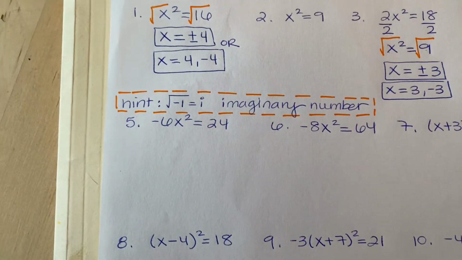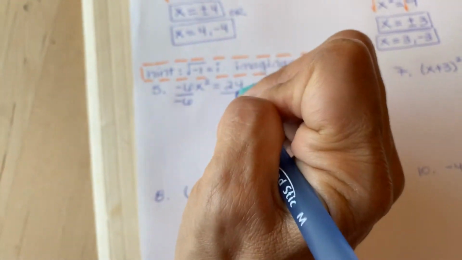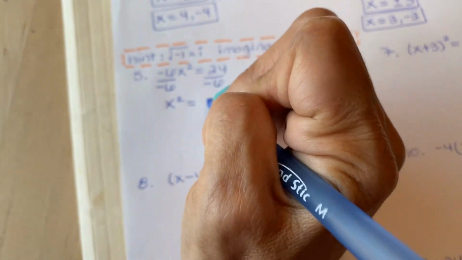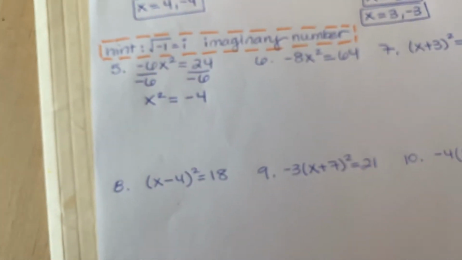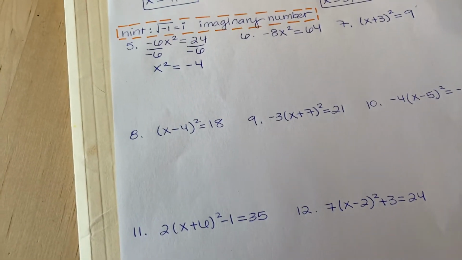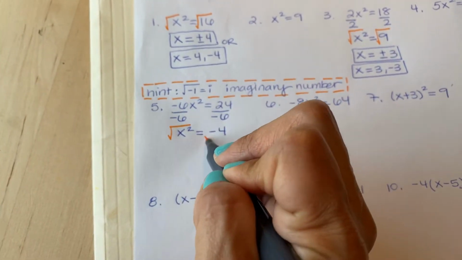Let's now jump to 5. Your coefficient is negative, so we're going to divide by that -6. So I get x squared is equal to -4. Now I will square root.